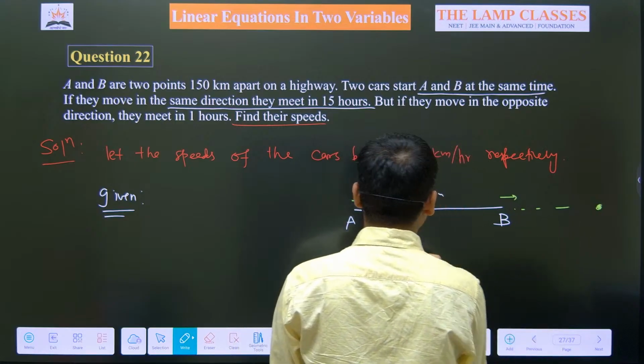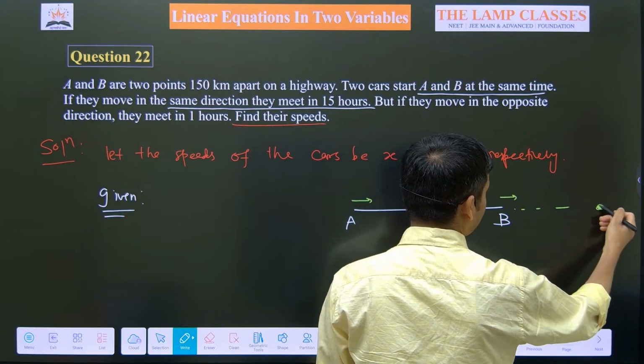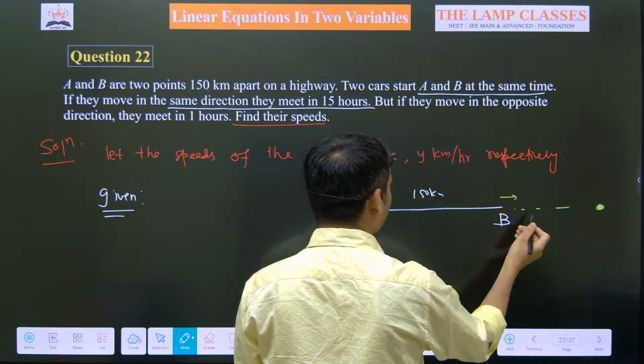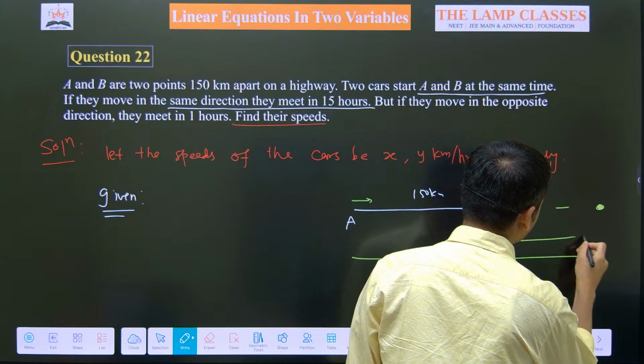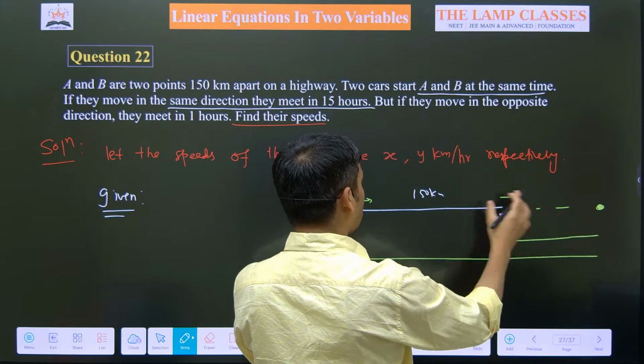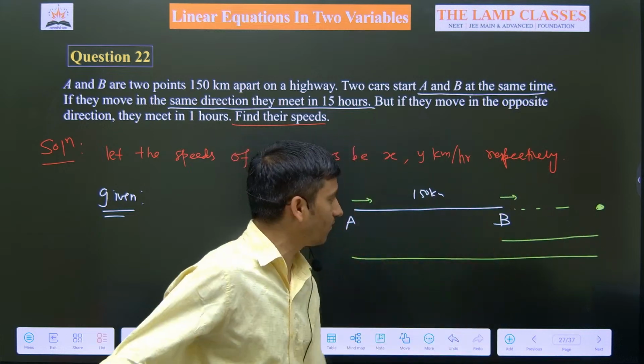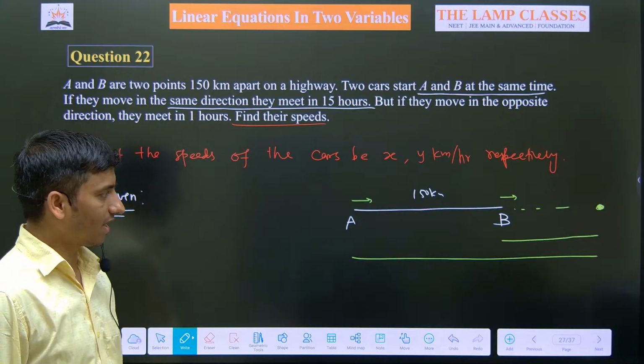If I tell you the distance traveled, I assume that they are meeting here. Then how much distance is A traveling? This much. And B is traveling only this much distance. But the difference of those distances has to be 150 kilometer. That is the equation.